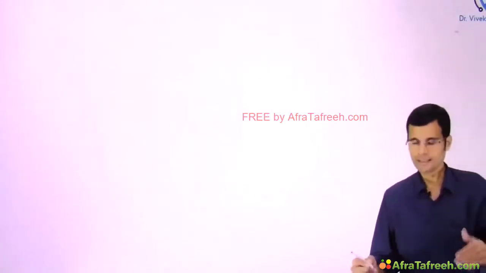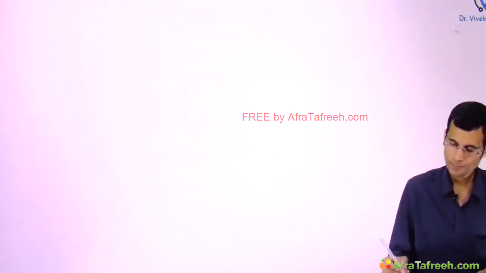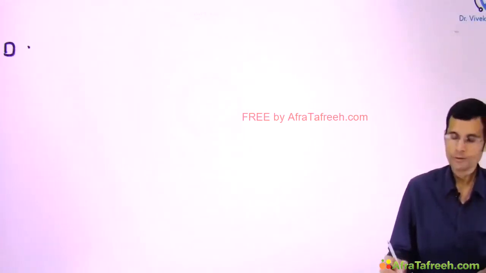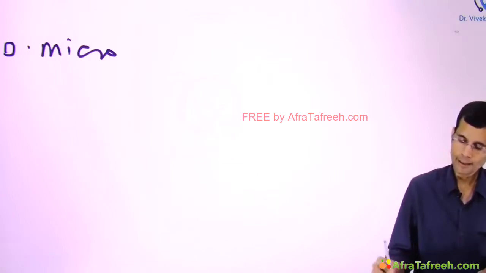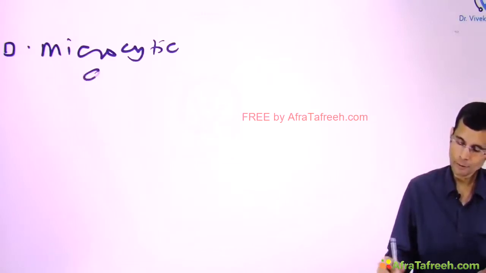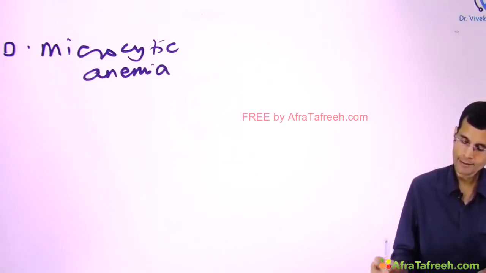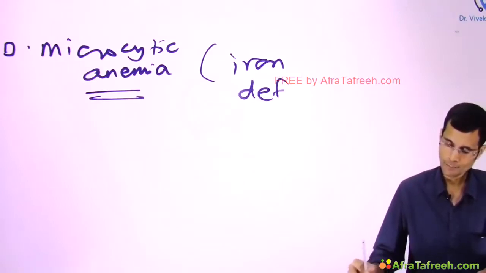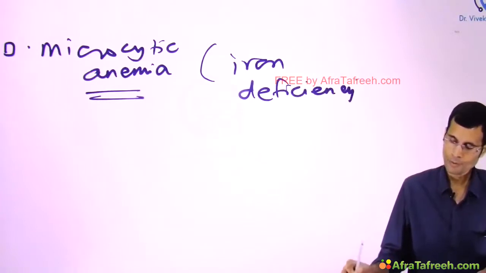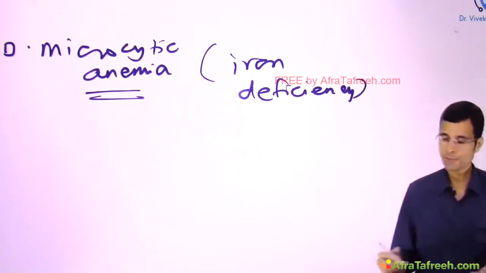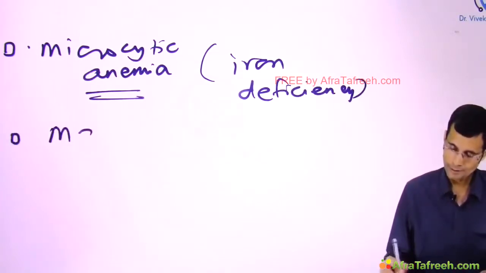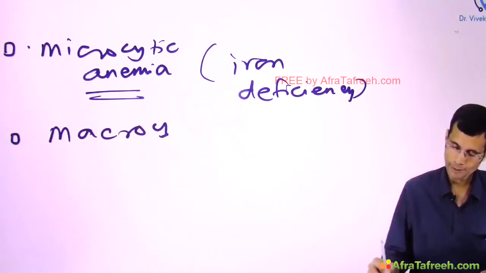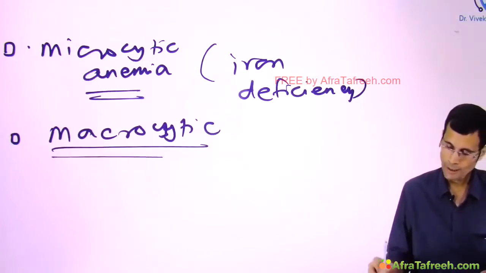If it is less than 78, you call it microcytic anemia. The cell size has reduced. Common cause is iron deficiency. And if it is more than 94 cubic microns, then it is called macrocytic anemia.